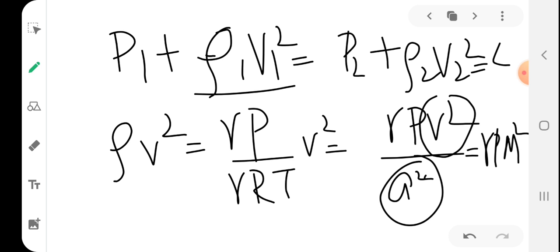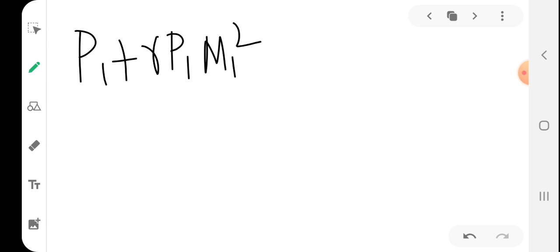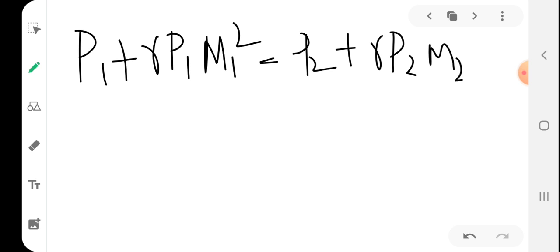I am substituting this here: P1 plus gamma P1 M1 square is equal to P2 plus gamma P2 M2 square, right?